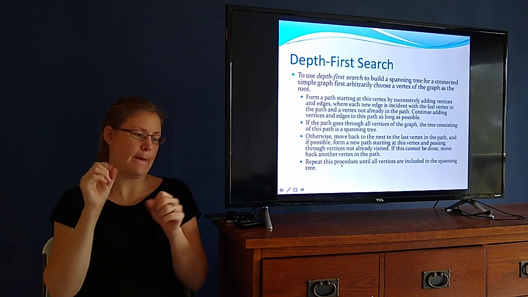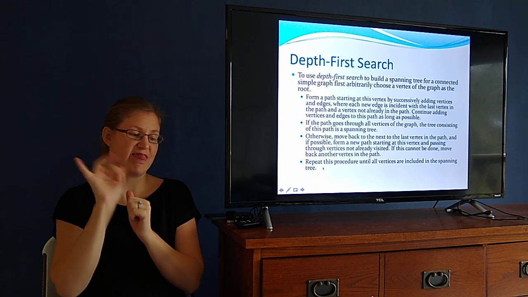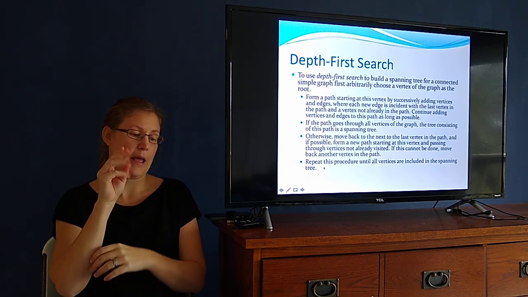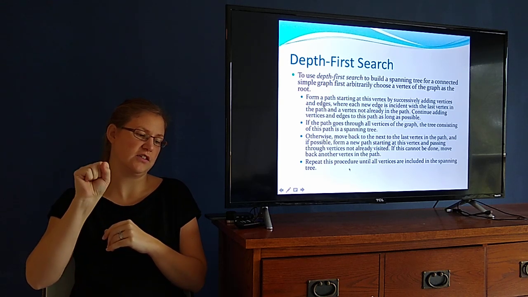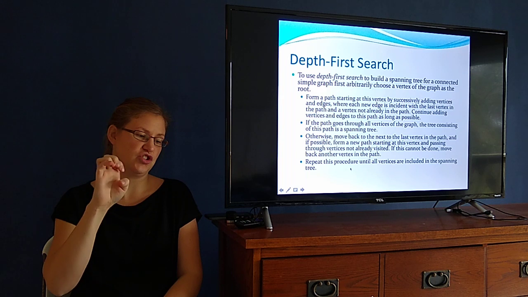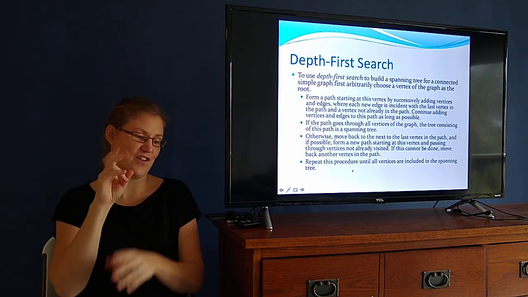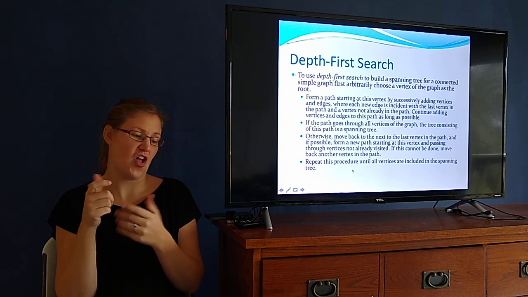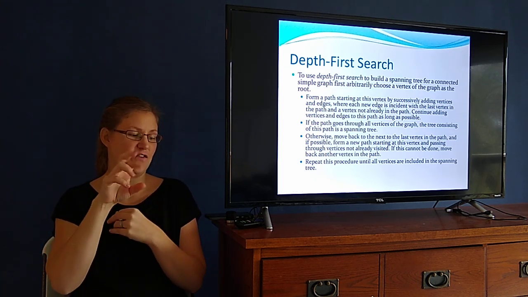Form a path starting at this vertex by successively adding vertices and edges, where each new edge is incident with the last vertex in the path and a vertex not already in the path. Continue adding vertices and edges to this path as long as possible.